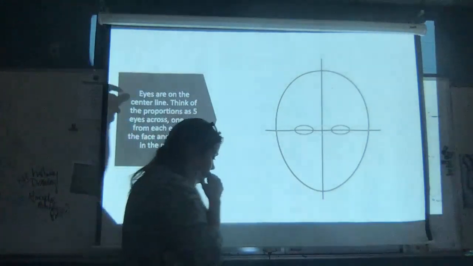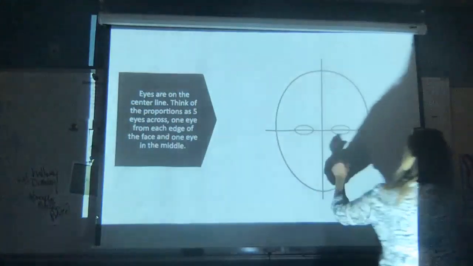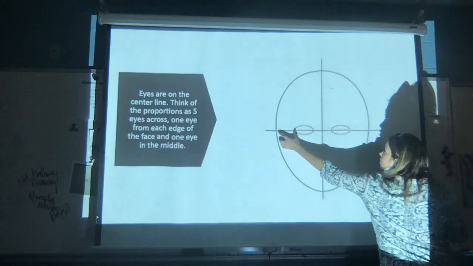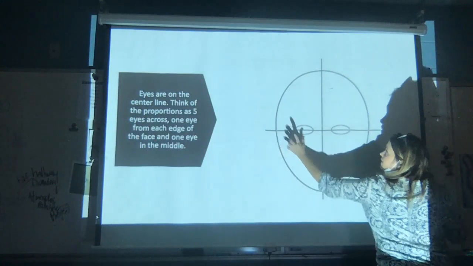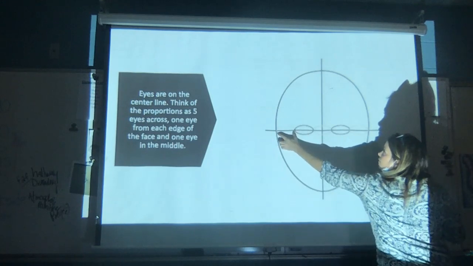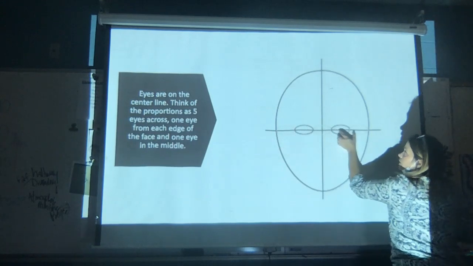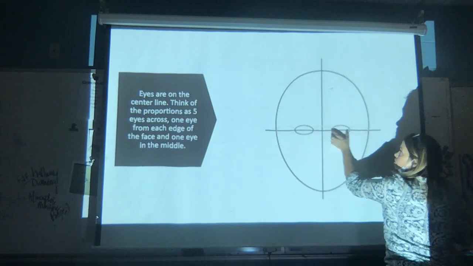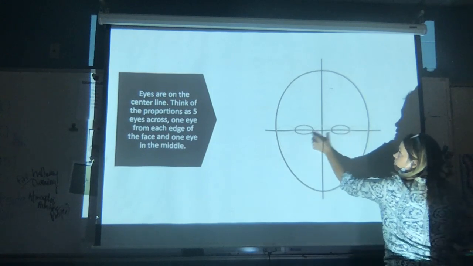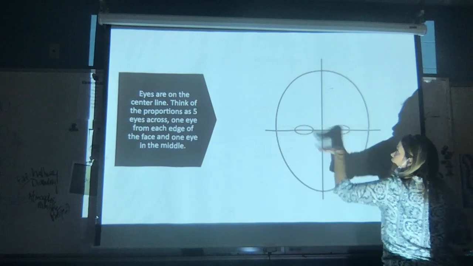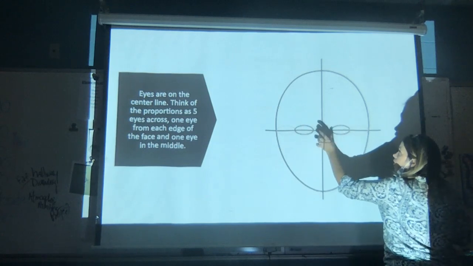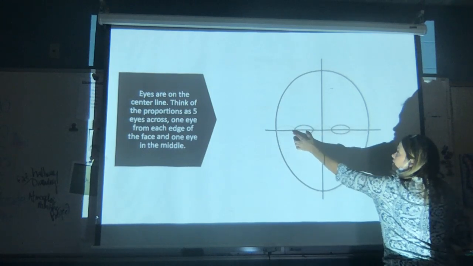You're going to take that eye shape and draw a very slim, think of an almond. You're going to draw 5 of those almonds. You might want to start in the middle because you want to make sure you're drawing it the same width. So your eyes, anytime you're drawing a face, are 5.